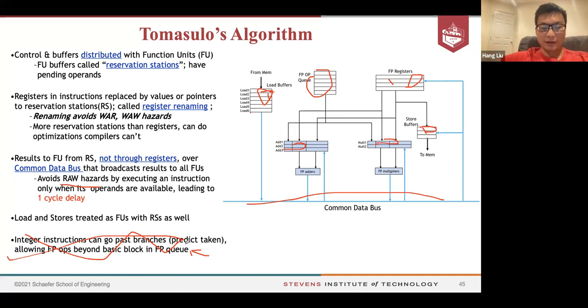Yes, this is true. So if you always predict taken, then it's definitely allowed. But you cannot do speculative execution, which will be taught next lecture. Okay. So when it's a static prediction, then it's like a single basic block, right? Because it's always like that.